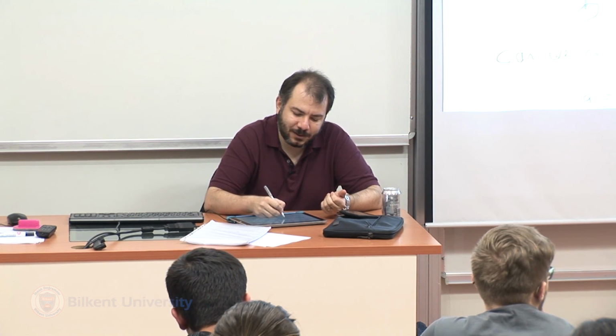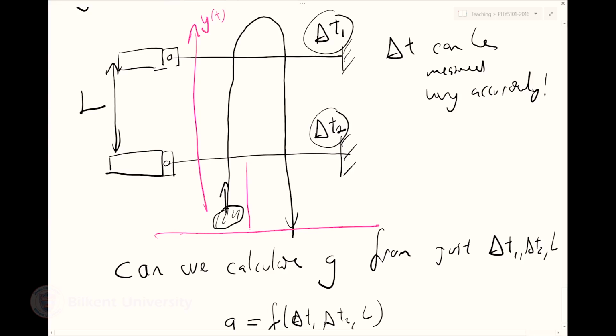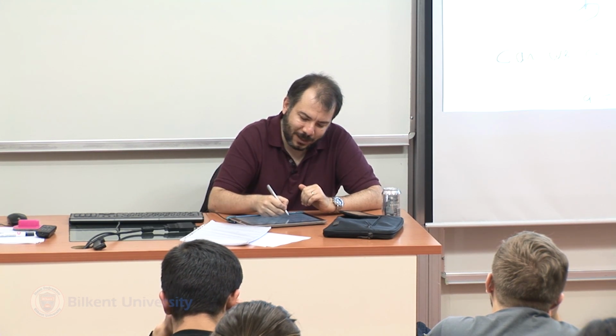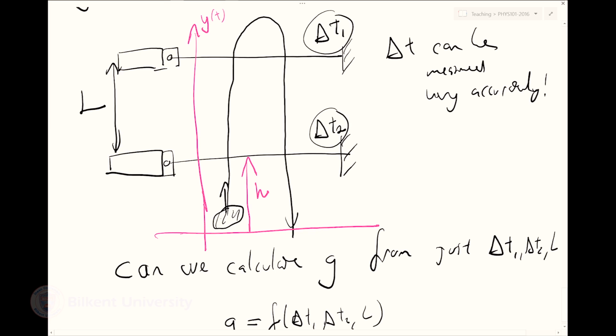So what I will define is that I'll say the first laser is at some height h from the initial point where motion starts, or from my ground point. And obviously, the second laser will be at h plus L. I'll also give an initial velocity v0.